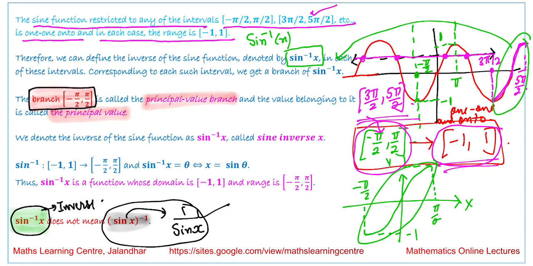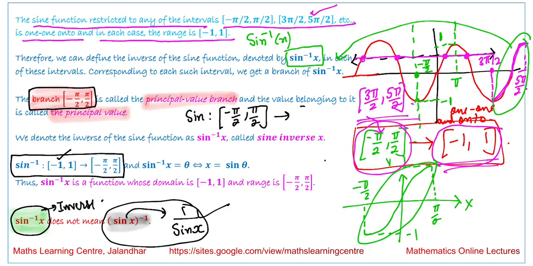So the inverse function sine inverse is defined with its domain as -1 to 1, which is the codomain of the sine function. We are restricting sine to minus pi by 2 to pi by 2, and the codomain we are writing is -1 to 1.